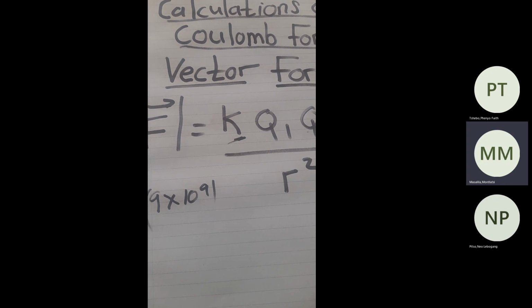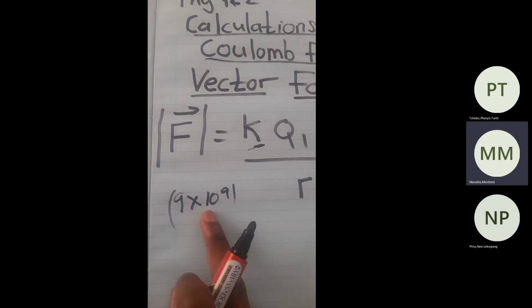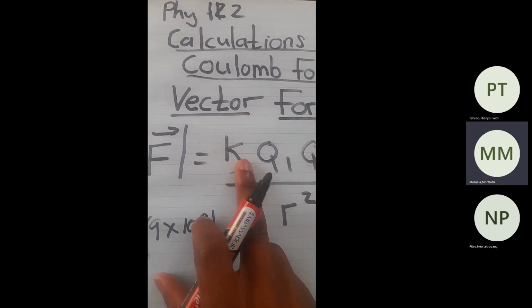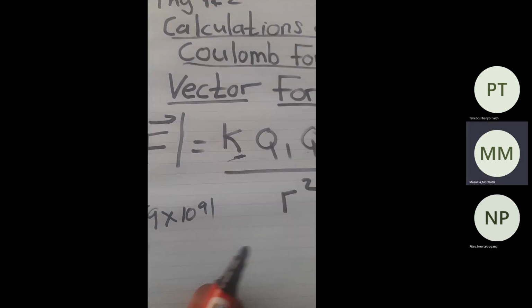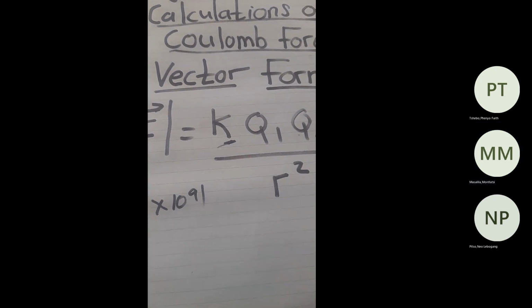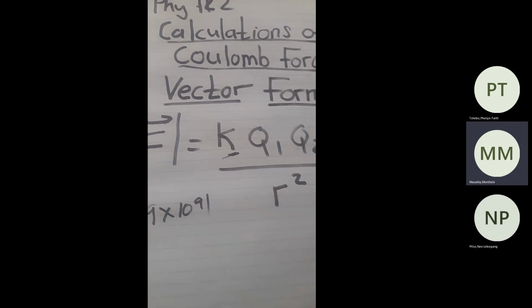That's the constant K. And we also talked about how to find the K. We said that K is the same as 1 over 4 pi epsilon naught. But it's not important for now.